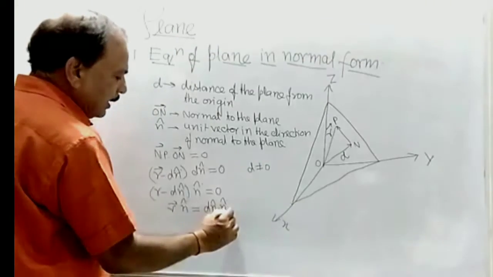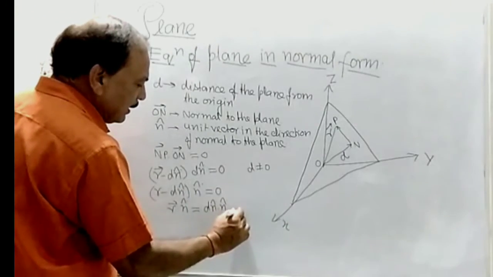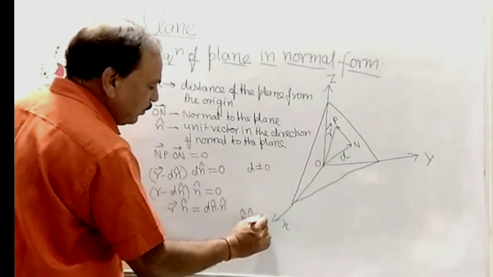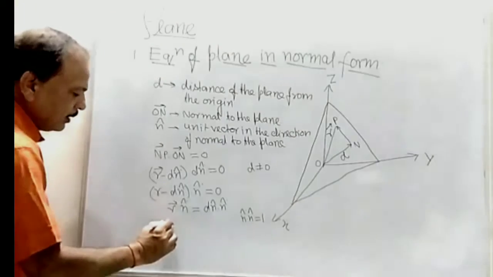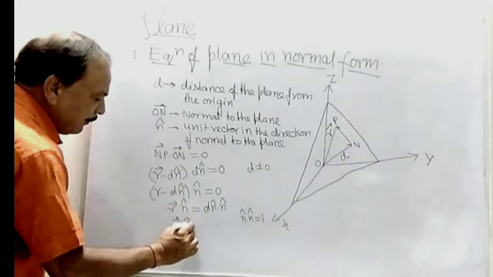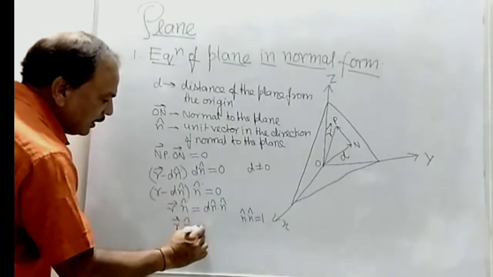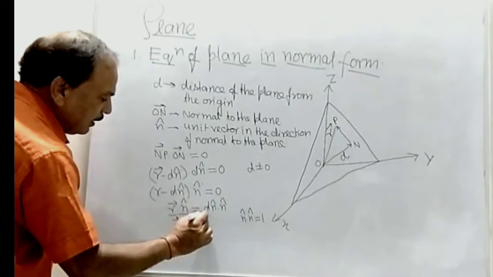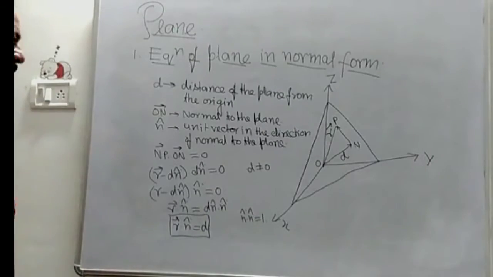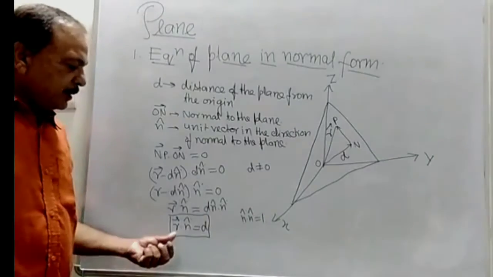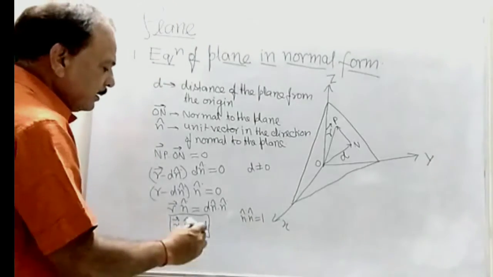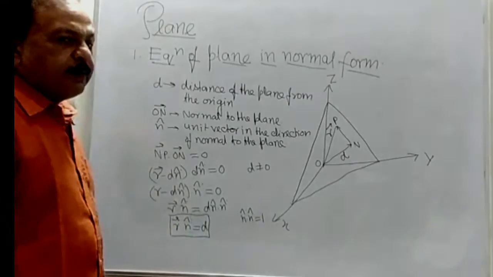Here unit vector n dot unit vector n will be equal to 1. So we can write r dot unit vector n equal to d. This is the vector equation of the plane.